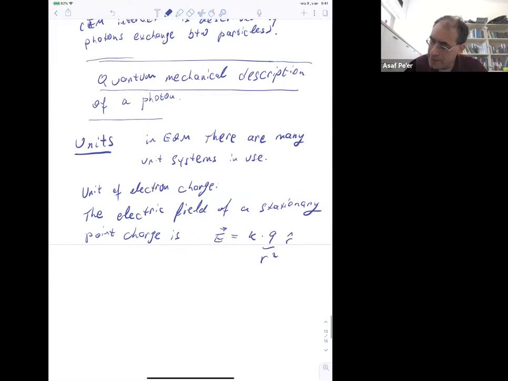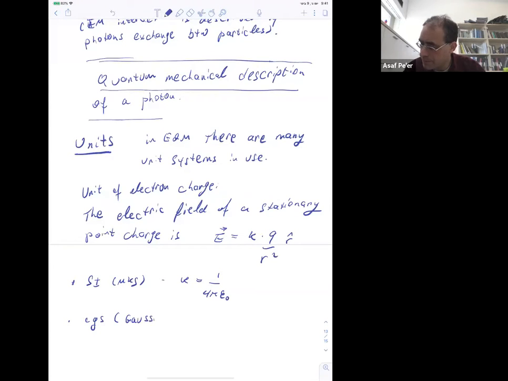In SI units, which is MKS, K is 1 over 4 pi epsilon 0. In CGS units, also known as Gaussian units, what is K? Exactly, K is just 1.